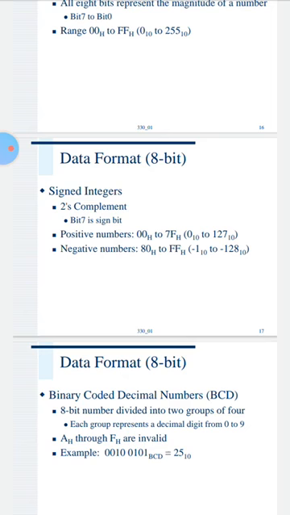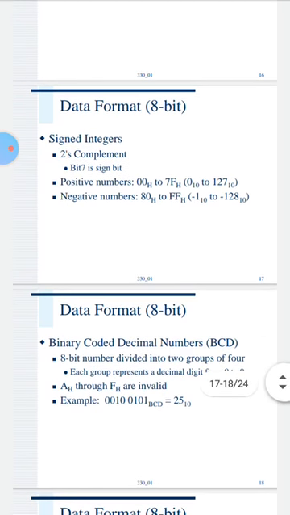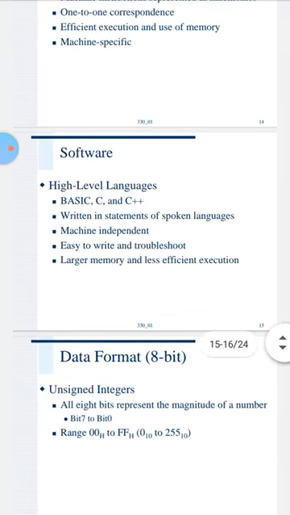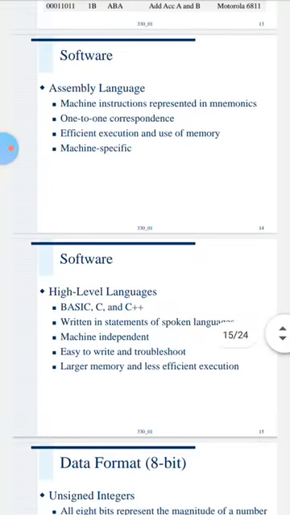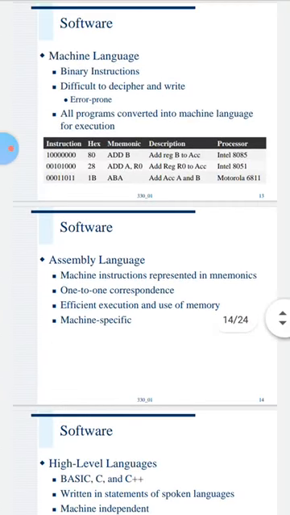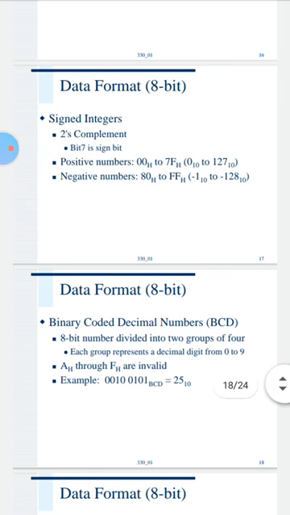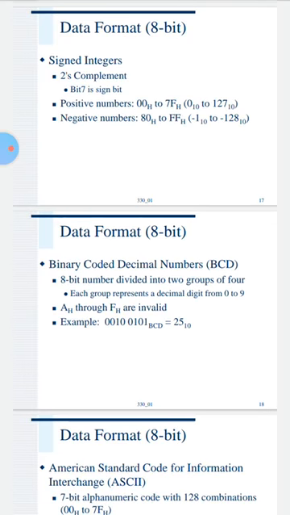Then negative numbers also you will study in this particular data format. And in binary coded decimal numbers, you will study 8-bit number divided into two groups of 4. AH through FH are invalid. We consider AH through FH invalid numbers.